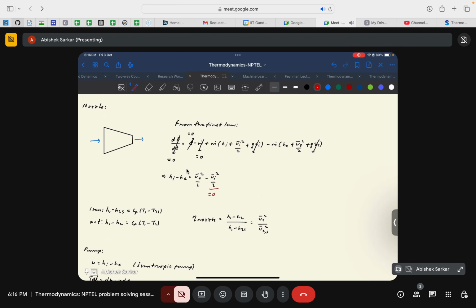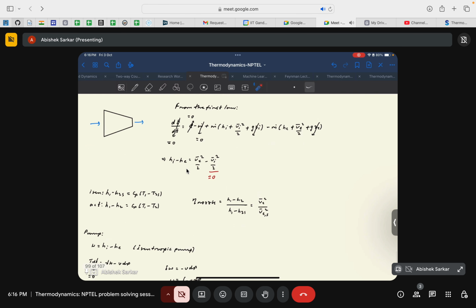So as a first approximation, we can also disregard the magnitude of the incoming velocity. If we consider that, then we can write this equal to 0. Then we have hi minus he is equal to ve squared by 2.